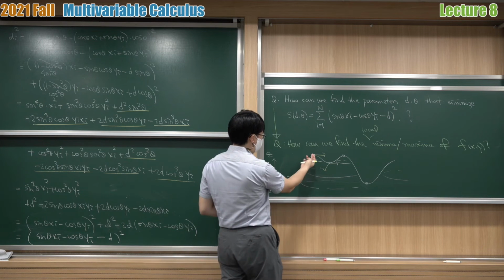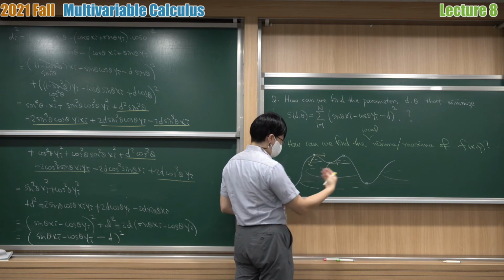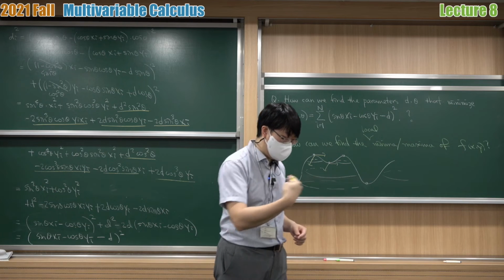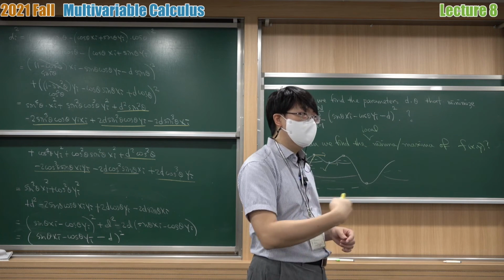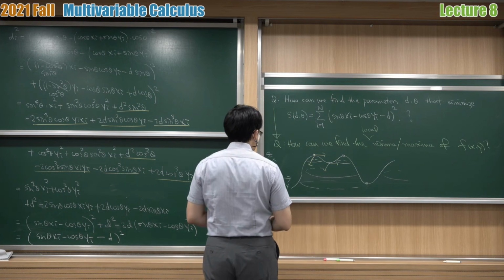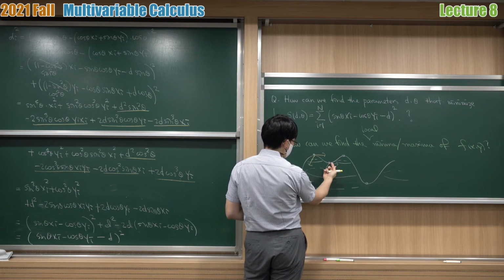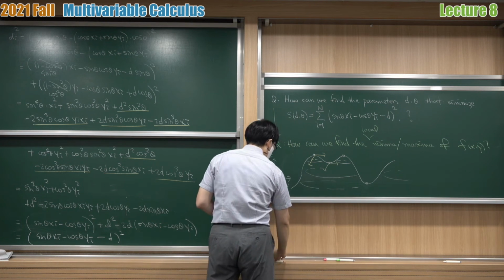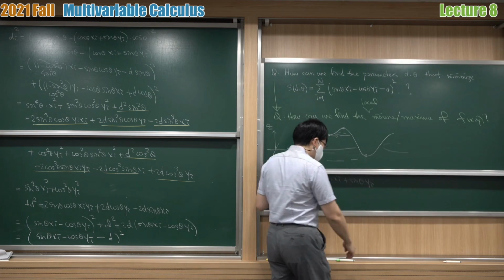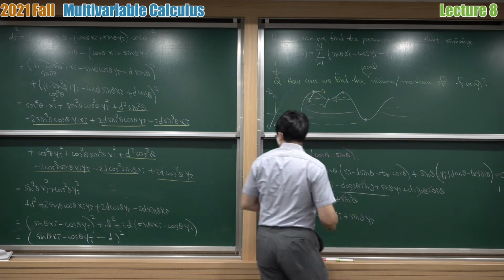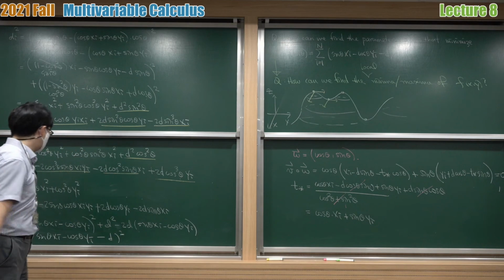If it's on the top of the hill, then in either direction you should have decreasing value of z. And also in the creek, the rate of change should be zero. That intuitive idea is totally correct.